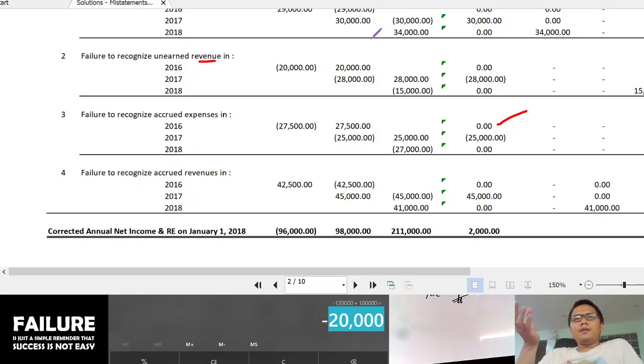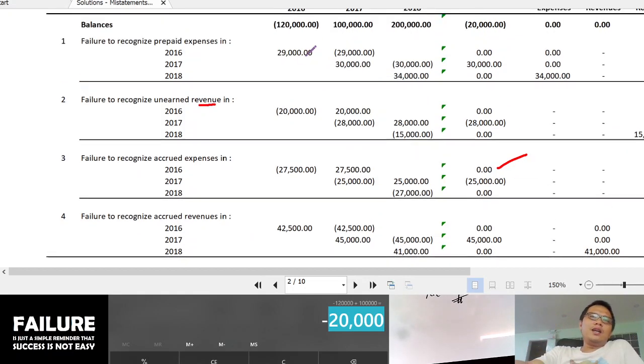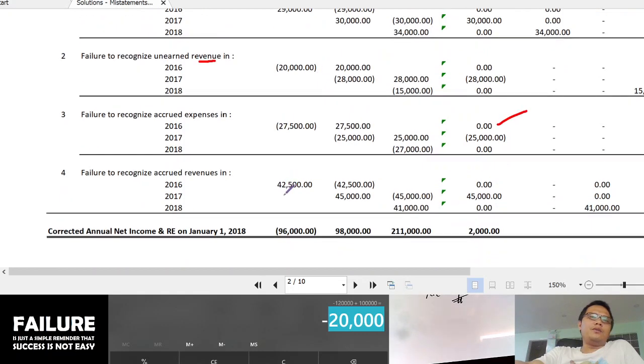With accrued revenue, you have not yet received cash, but that particular income is already earned.